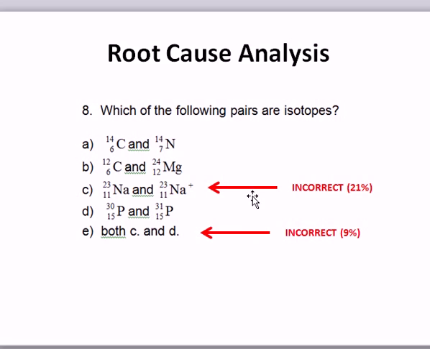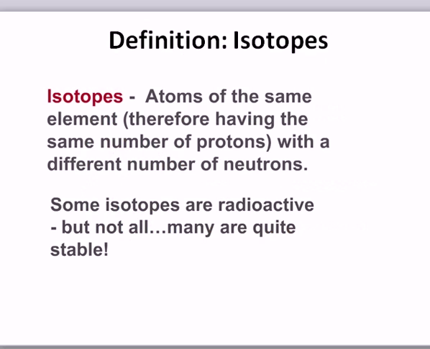So they either selected it or they selected E, because they knew that D was correct, but they couldn't eliminate C, so then they selected C and D. We discussed that the issue is they could not look at the atomic number as well as the weight to say, no, this is not an isotope, this is just a cation, with a plus symbol. It's missing an electron, but this is not a definition of an isotope. So we need to understand the definition of an isotope.